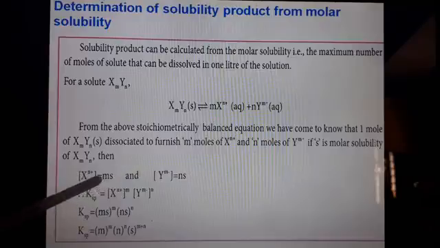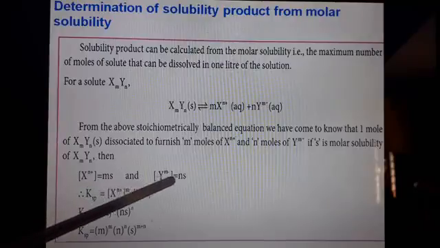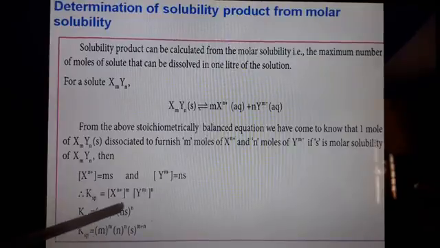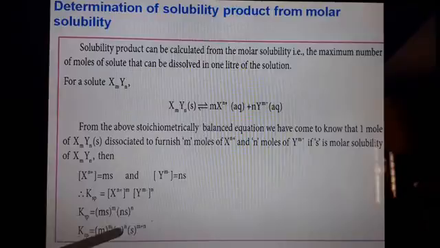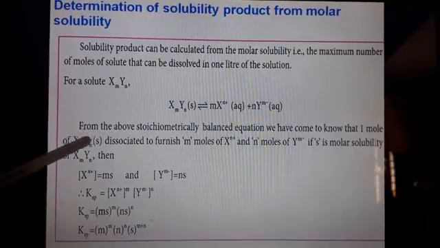Already before the steps, m means number of moles of Xn plus, s is the molar solubility, and then n is the number of moles of Ym minus. So Ksp is equal to m power m, n power n, and s power m plus n. These are the formula for molar solubility product. Very very important 3 mark question and 5 mark question. Okay.